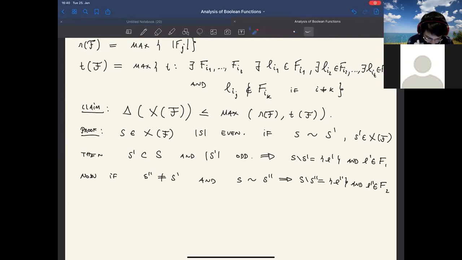Okay, but then what you realize is that the claim is that these guys must be different. So what I want to say is that for each neighbor, you can associate a... okay, no, let me go back.